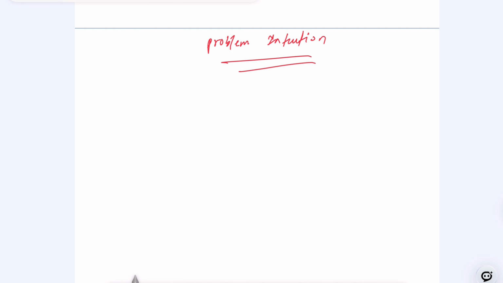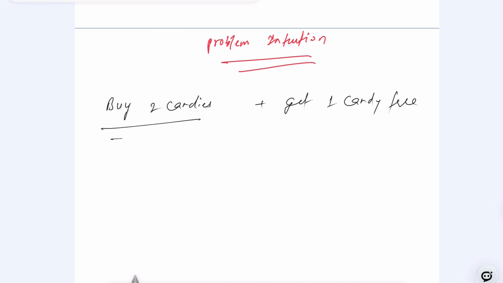The question says that you will get a deal: you have to buy two candies, then you will get one candy free. Buy two candies, get one candy free. Simple. But the free candy's cost must be what?